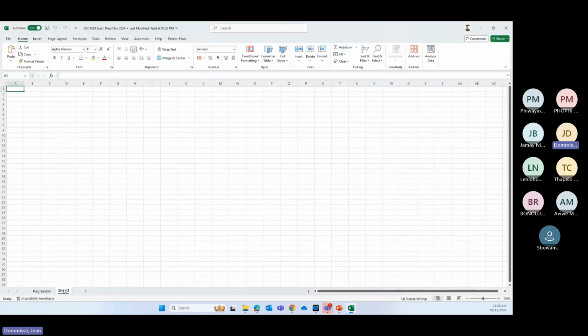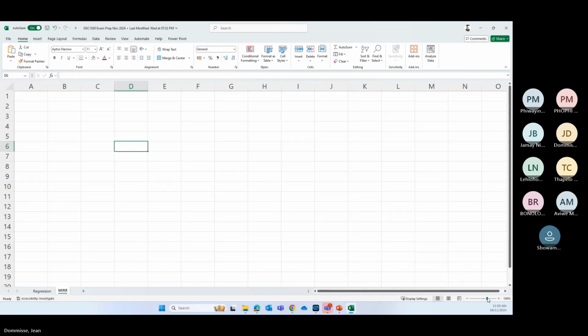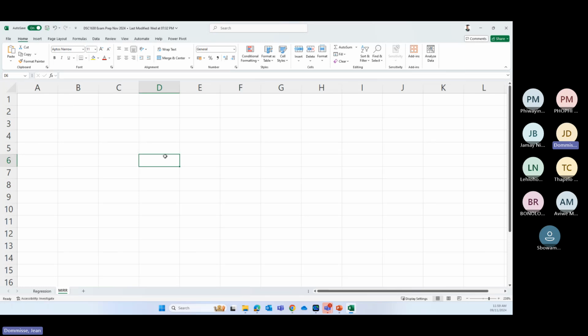So let's just add MIRR to it, and let's see what we need to have. Let's just make it a bit bigger so that you guys can see. I know there is a MIRR function, so let's see what they ask us.